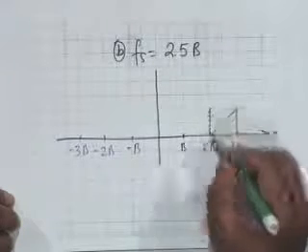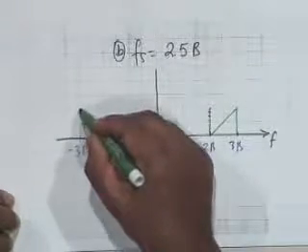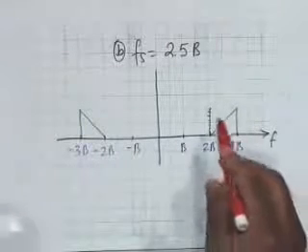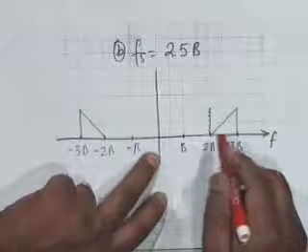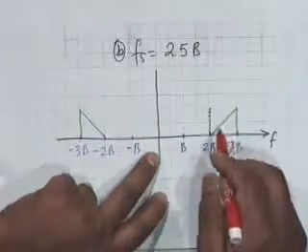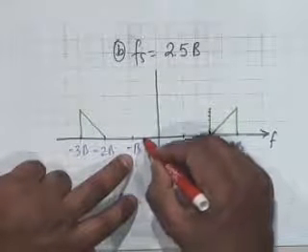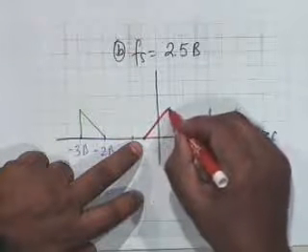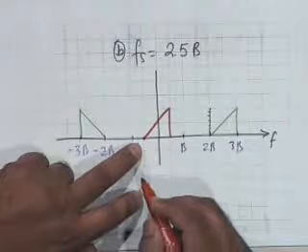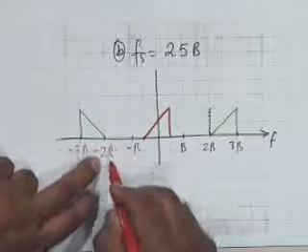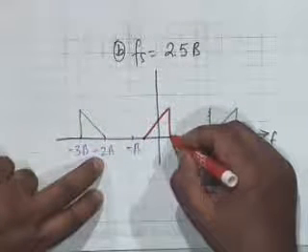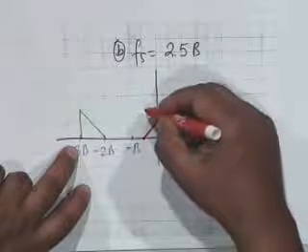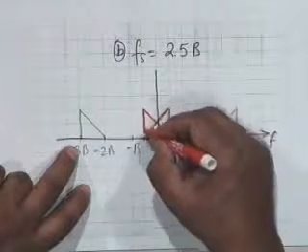Original was this. Now let's see what happens. This 2B, you have to subtract 2.5B. So it starts from minus 0.5B and goes up to plus 0.5B. Now this 2B minus 2B now starts at plus 0.5B and ends at minus 0.5B. So it goes like this.